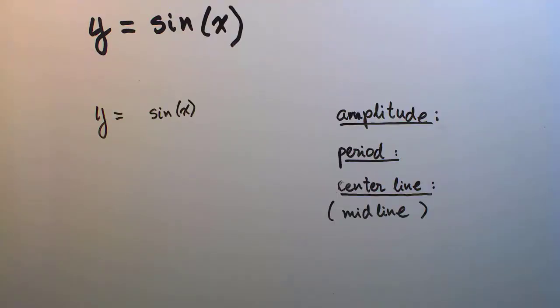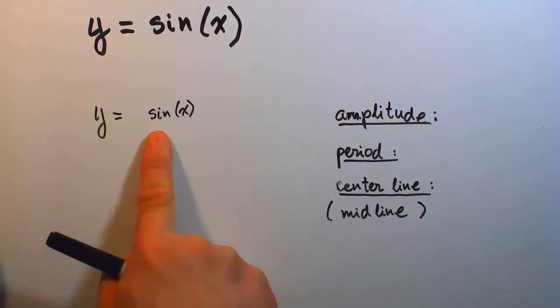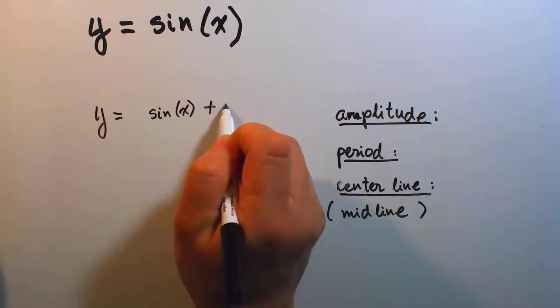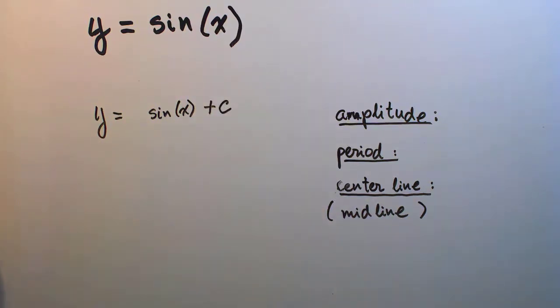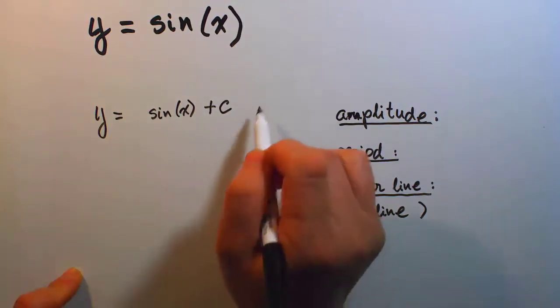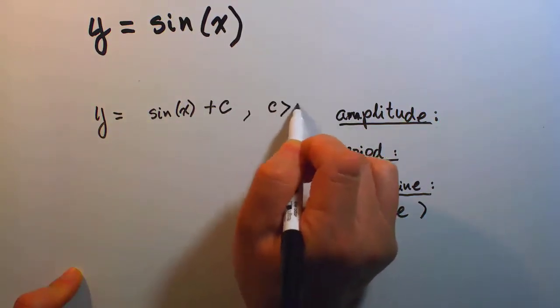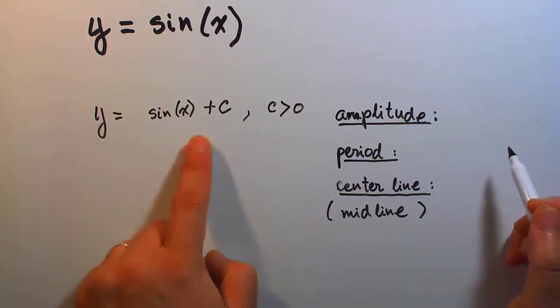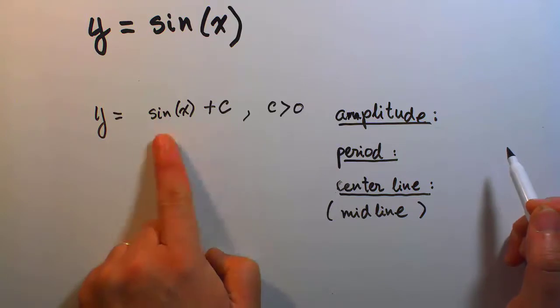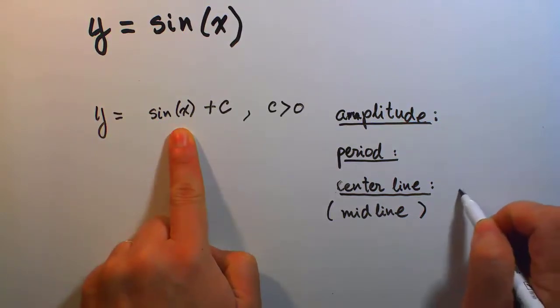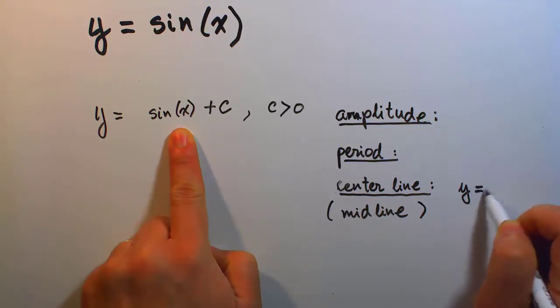Now, generally speaking, when we start out with a sine function and add a constant, provided that our constant is a positive constant, as we have seen throughout our demonstration, then the center line is located at the line y equals c.